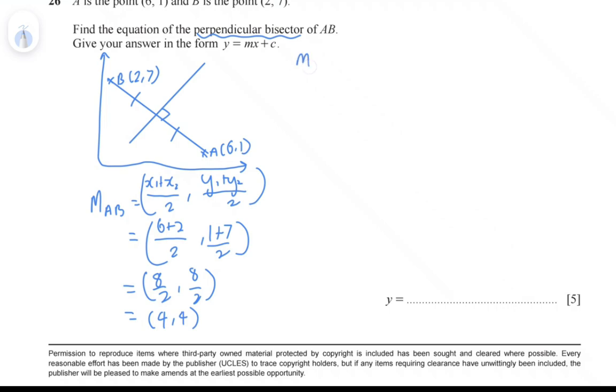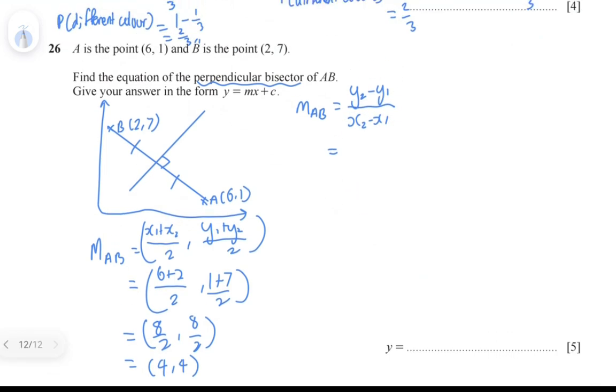We also need to find the gradient of AB, which is given with the formula y2 minus y1 over x2 minus x1, giving us 7 minus 1 over 2 minus 6, giving us 6 over negative 4, giving us the gradient of negative 3 over 2.